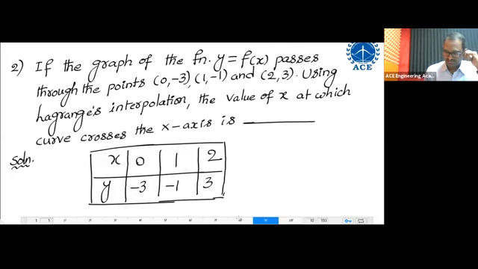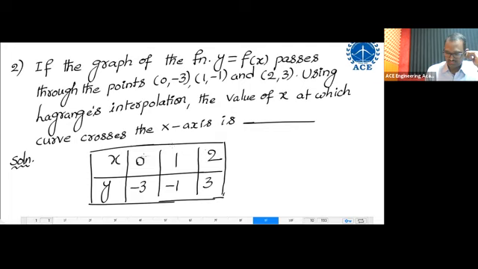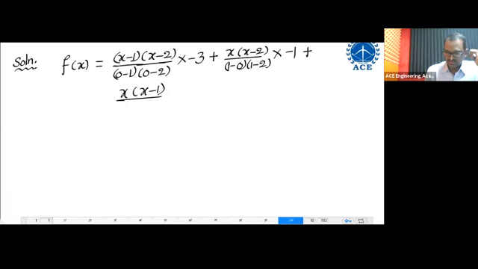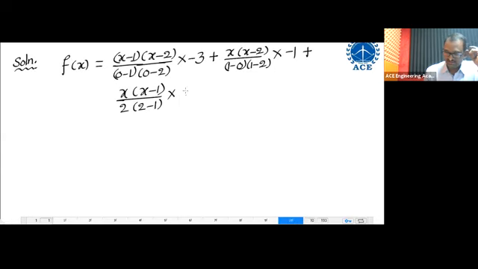Plus the third term: x minus 0 into x minus 1. Denominator: third term minus first term into third term minus second term, 2 minus 0 into 2 minus 1, multiplied by the corresponding y value, that is 3.